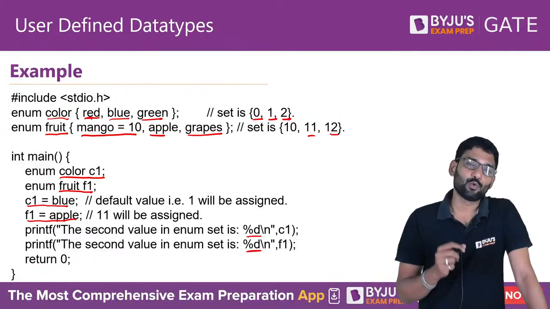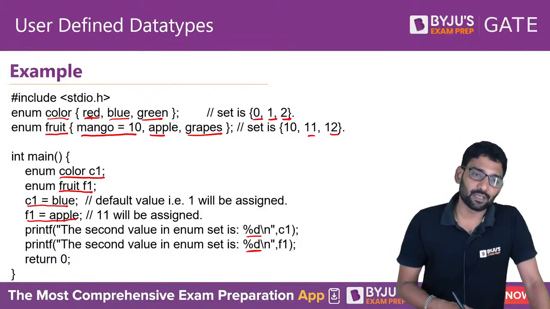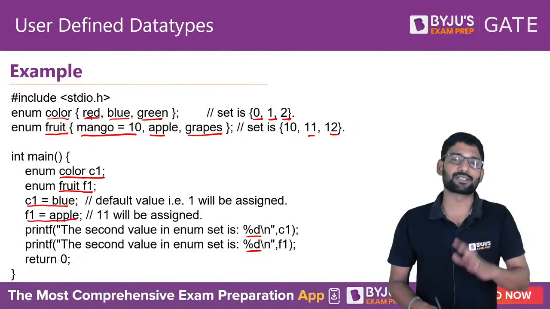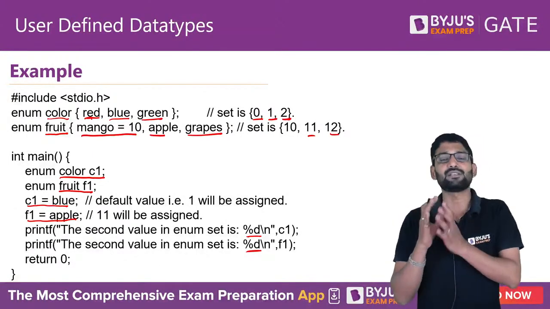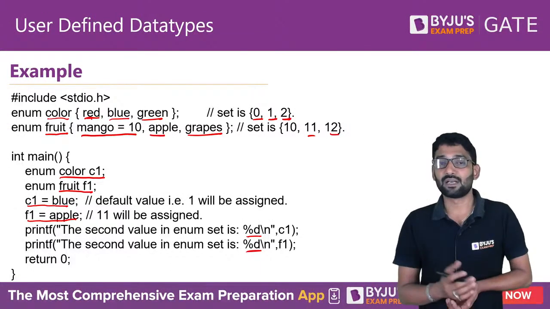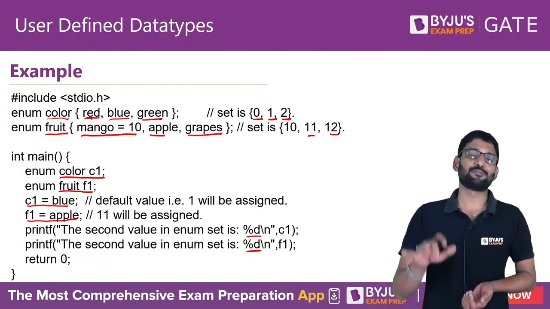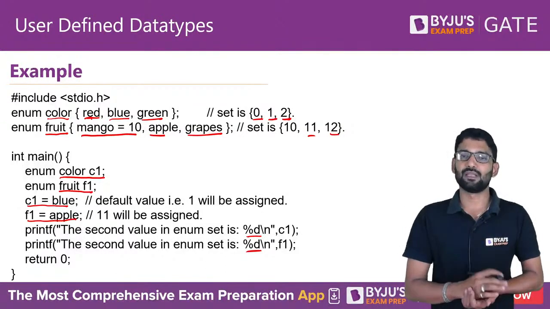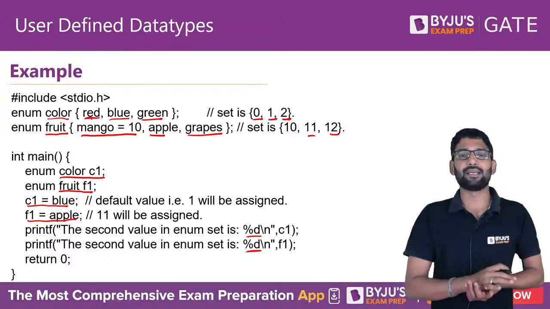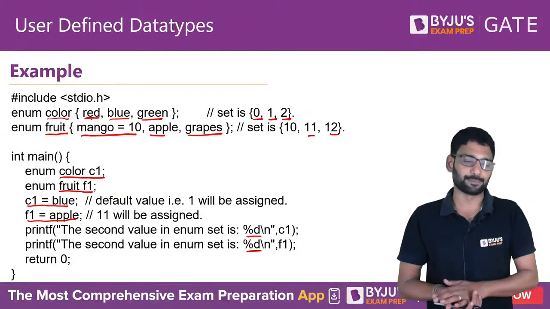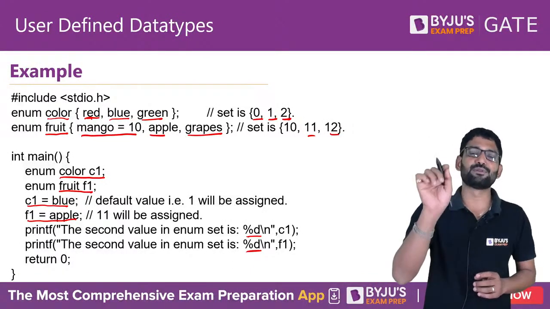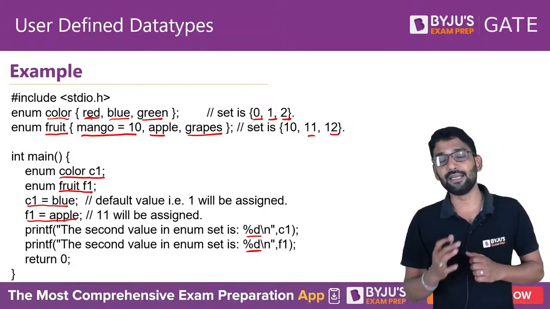Percentile D. Why am I using D? Because enum will accept only integral constants. Only integer constants enum accepts. Decimal integer, which is the default integer in C programming. So that D indicates decimal integer. That is the reason why I am using format specifier D here.